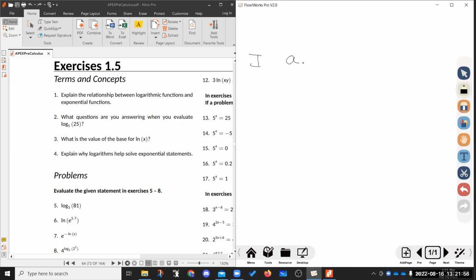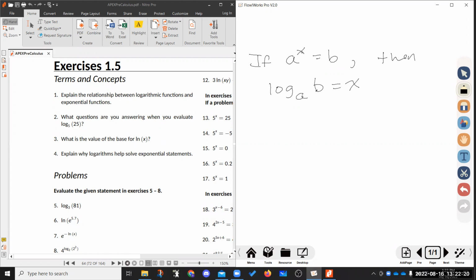If a to the x is equal to b, then log base a of b is equal to x. We can rewrite it that way, where what was our answer over here is our input into our logarithm.